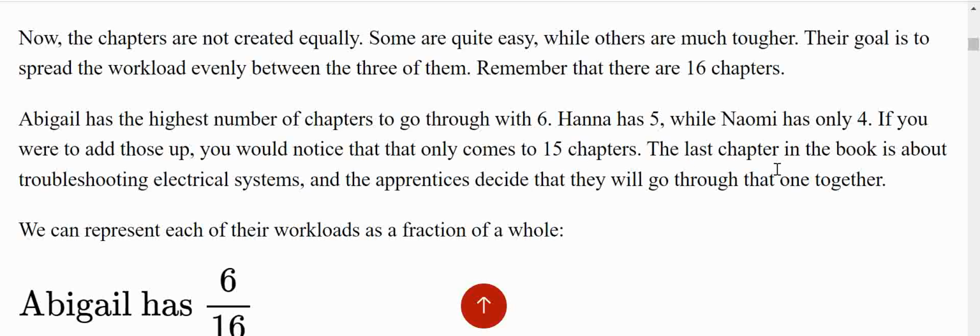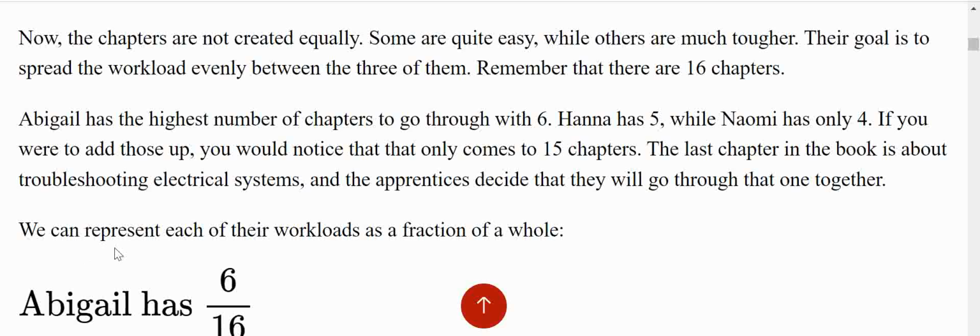The last chapter in the book is about troubleshooting electrical systems, and the apprentices decide that they will go through that one together.